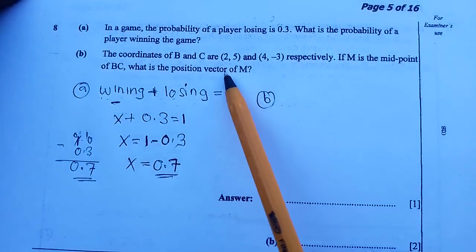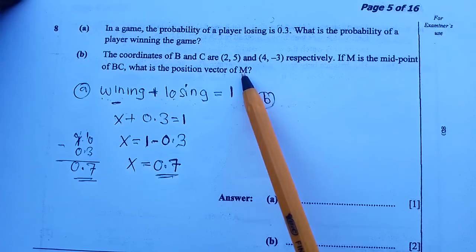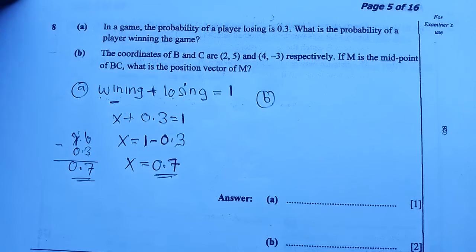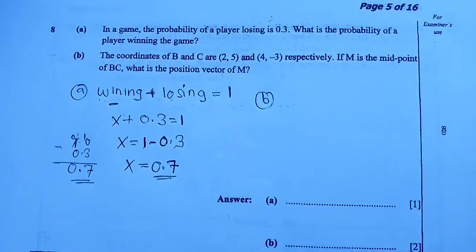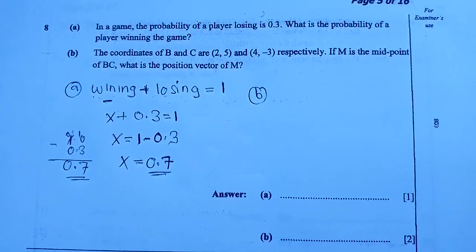What is the position vector of M? So what you are told is that you find the midpoint of this. How do we find the midpoint? How can you find the midpoint?